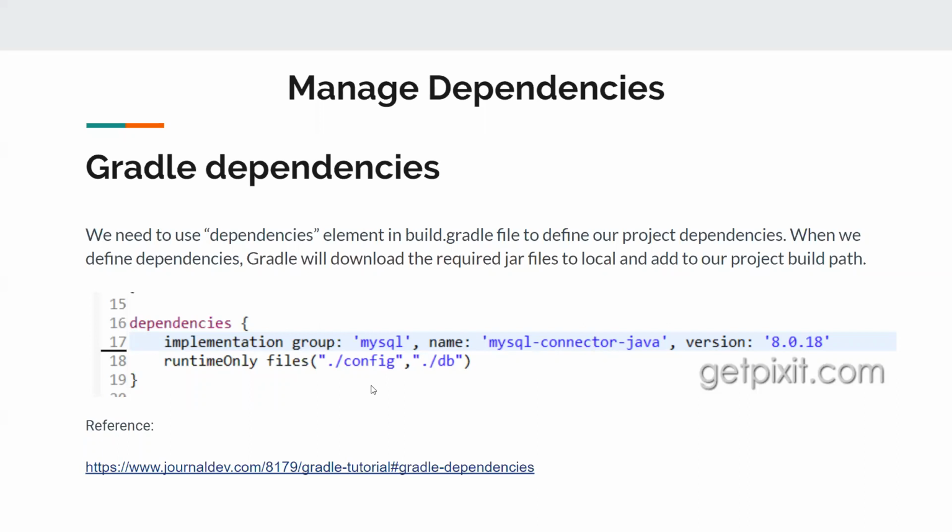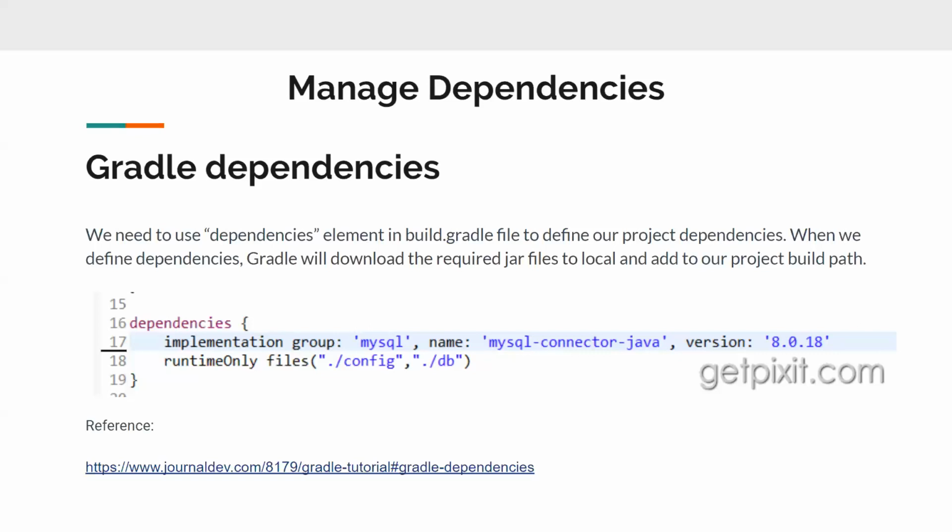So what is the difference between the Java plugin and the Java library plugin? When we go with Java, that will support implementation only, but Java library supports both API as well as implementation. So Java library will expose... how is it different from Java? What is Java library and what is Java?